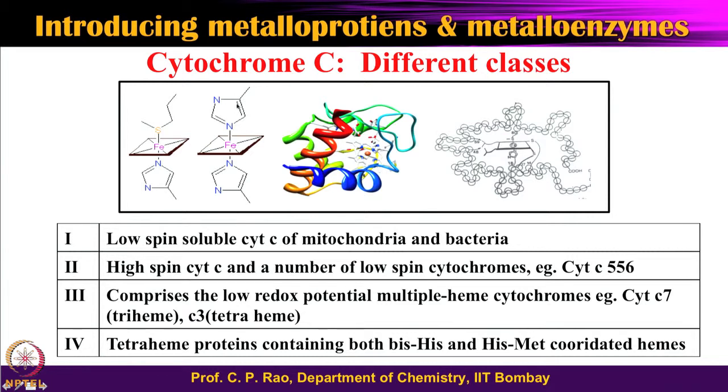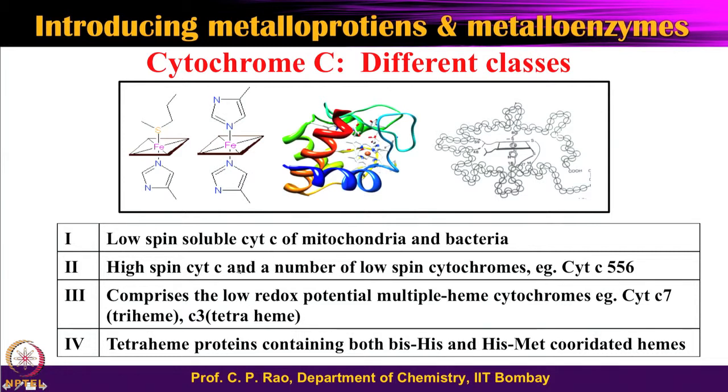So, there are different kinds of cytochromes where you have both histidines or histidine and methionine, and these all influence the iron center in terms of the iron spin state. So, if you have a low spin state, soluble cytochrome C, this is found in mitochondria, bacteria.